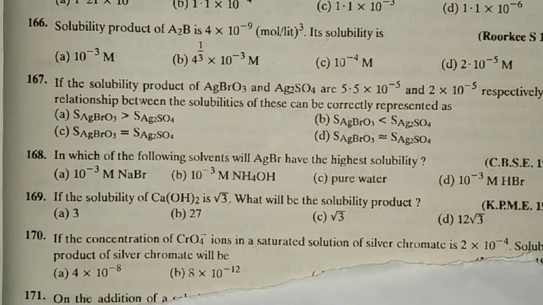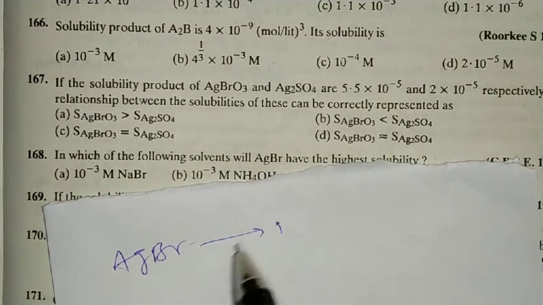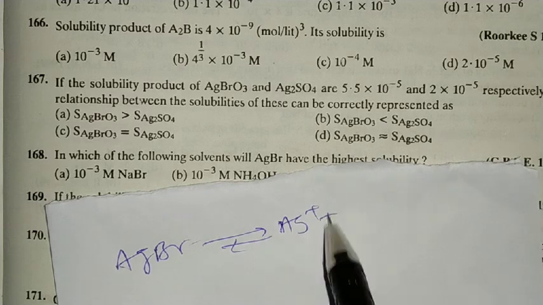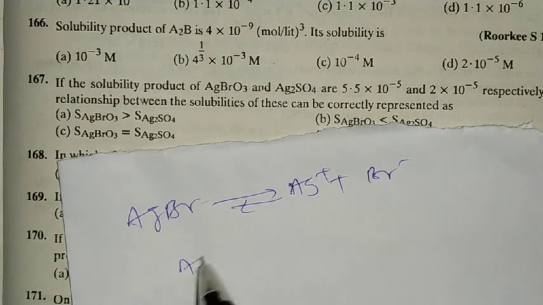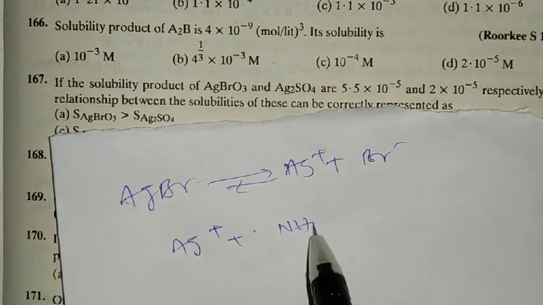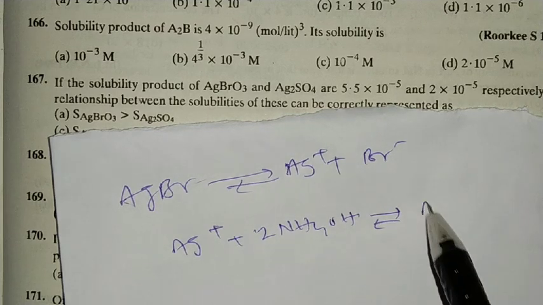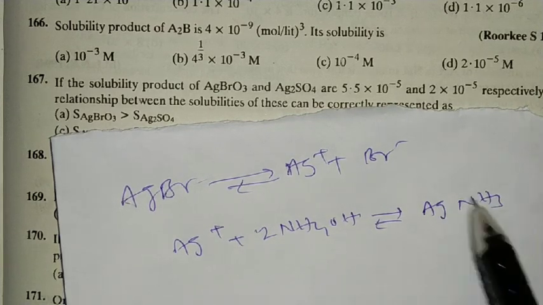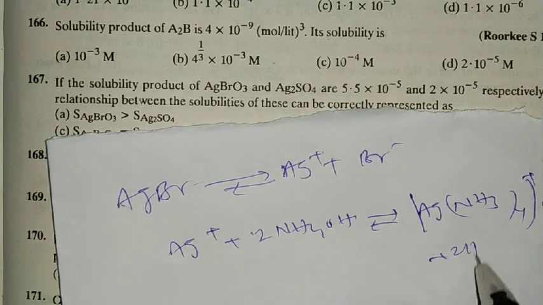But here is a small logic: solubility increases if the ion is capable of forming a complex compound. Observe here, AgBr converts into Ag+ and Br-. This Ag+, if treated with NH4OH, forms the complex ion [Ag(NH3)2]+ plus 2H2O.